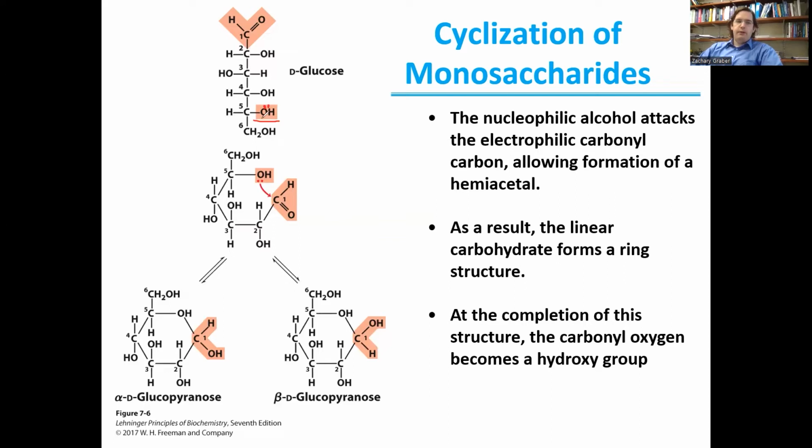So our alcohol down here can attack our aldehyde at the top of our molecule. That ends up creating this cyclized structure where now we have a bond between that fifth alcohol, or the alcohol on the fifth carbon rather, and our first carbon that used to be our carbonyl carbon.